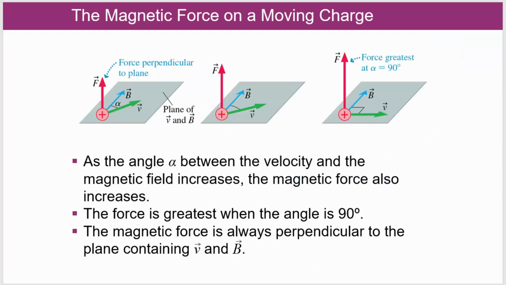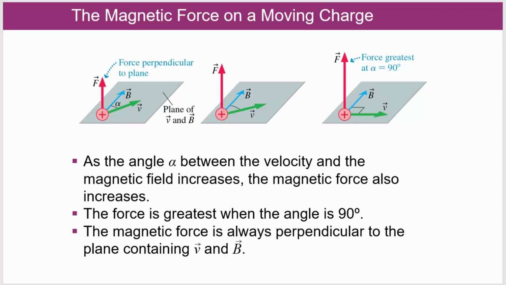So now that we know how a magnetic field is created, what is the magnetic force on a particle? The magnetic force on a particle in a magnetic field, obviously, as we saw before, requires the particle to be moving.